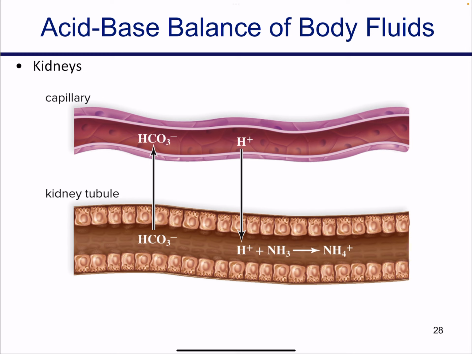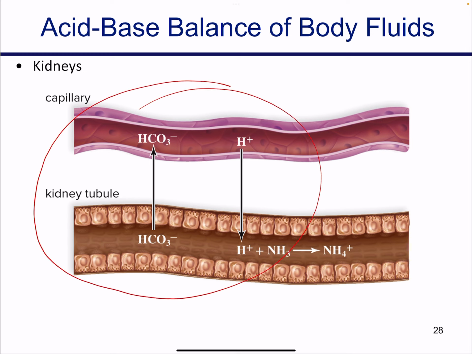Then here you do have how the kidney is controlling the balance between bicarbonate in the tubules and the blood capillaries, with the bicarbonate going from the tubules to the blood capillaries, right?